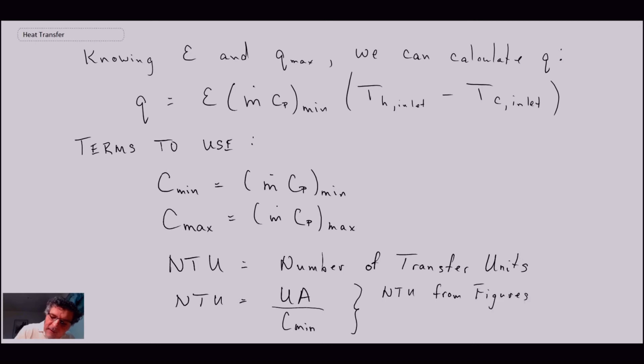Just like with LMTD, where we looked up the F factor, you'll look up an NTU factor, and NTU and effectiveness are plotted together. You can use figures, or there are also equations that you can use. The equations are more accurate, but they take a little bit longer, but that's probably the better way to go. And then the effectiveness.